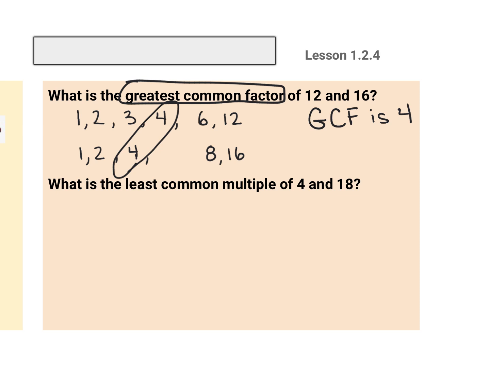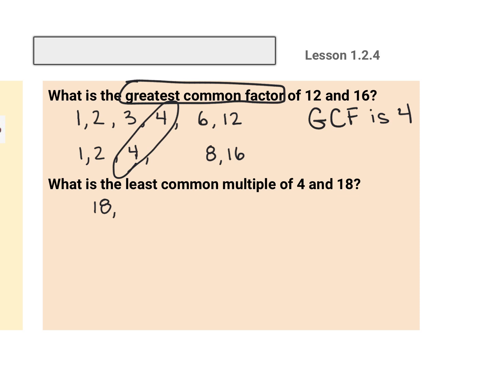Then the next one says, what is the least common multiple for 4 and 18? So when you're doing multiples, that's when you're skip counting. So you can use your multiplication chart for this, but I'm going to start with the biggest number, because when you're skip counting, you can literally skip count for the rest of your life, right? Like it keeps going.